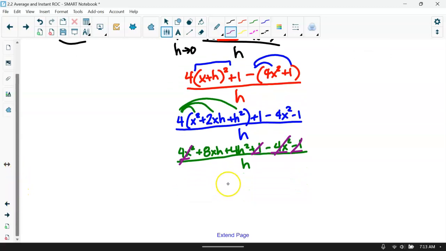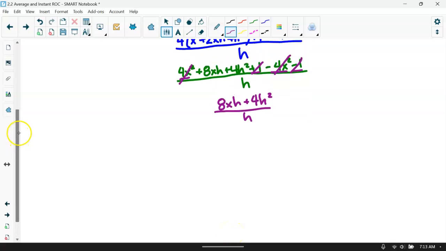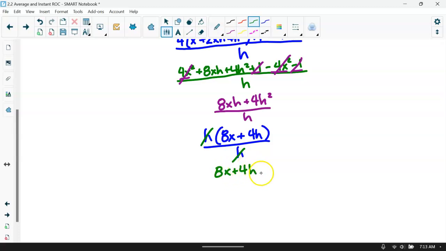So now here we got 8xh plus 4h squared over h. Now notice we have a common factor of h. So once you divide h out, you have 8x plus 4h, right? Because again, you had h squared over h. Now divide out, h divided by h is 1. So I've got 8x plus 4 times h.